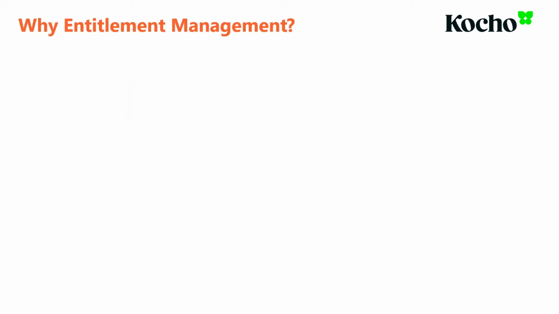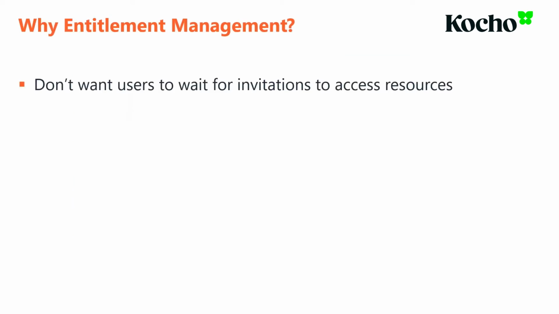So why do it this way? You may not wish for your external users to wait if they're part of a team and a few of them need access and you don't know who they are, but your external partner does. You might want them to apply for access when they're ready, not when you're ready to invite them.